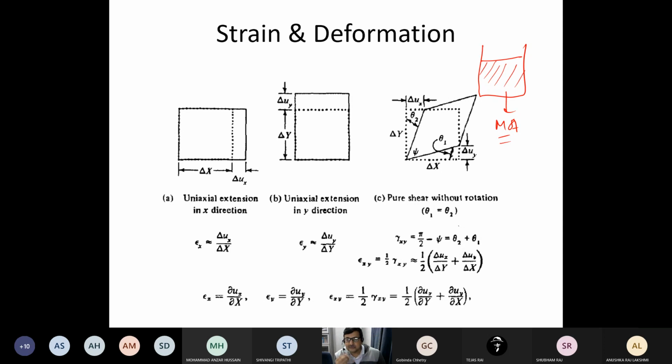Very low, nearly zero. So for a fluid, there is nothing called a configuration. So you don't retain the initial configuration, but you do every analysis based on the final configuration.